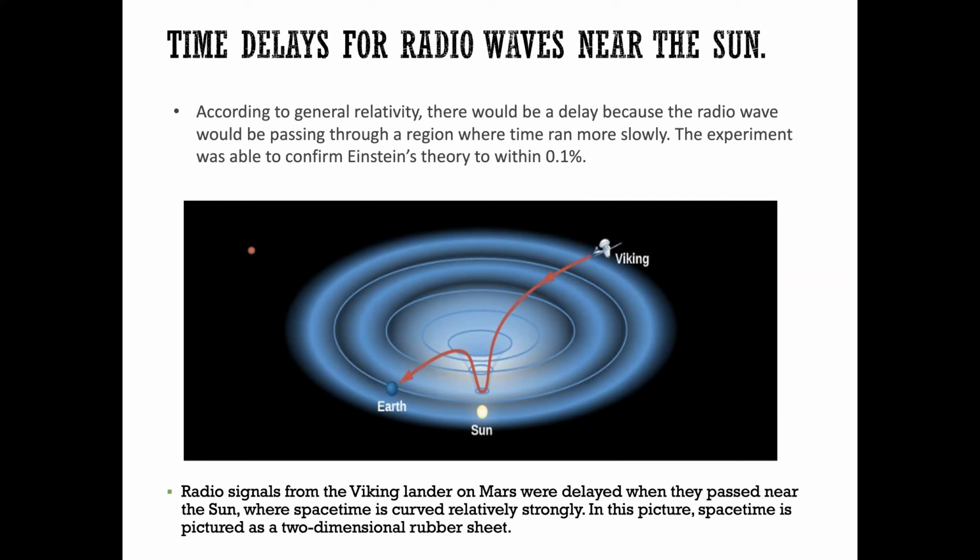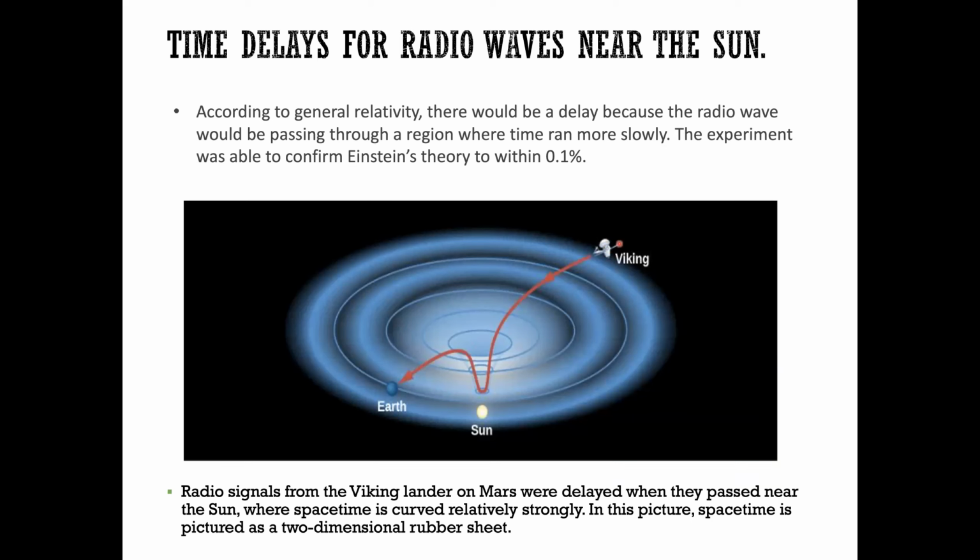There is an experiment that confirmed Einstein's theory is correct within 0.1%. Here you have Earth, here is the sun, and here is one of the space probes called Viking. We send a radio signal from Viking, which is on Mars, by the way, towards Earth.